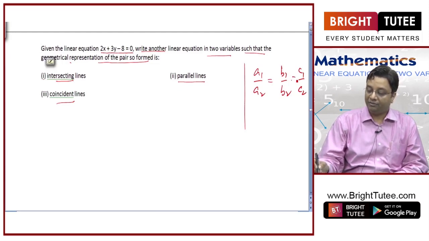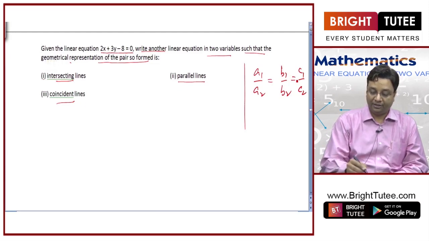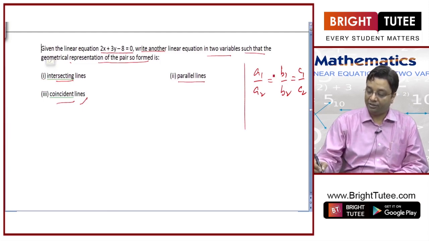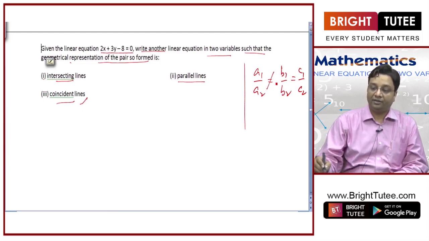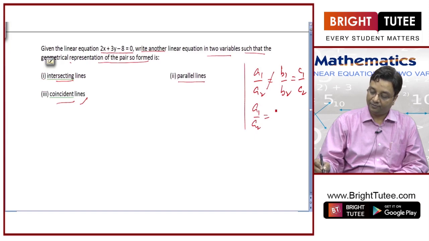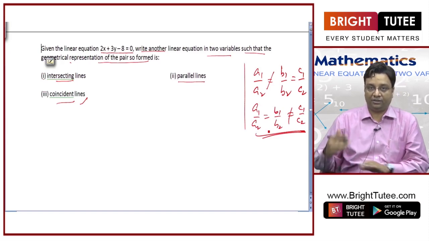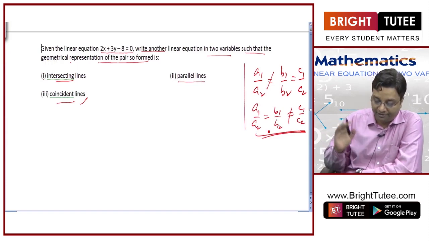When these three are equal, it is coincident lines. When these two are not equal, then these are intersecting lines. When these two are equal but not equal to c1 by c2, these are parallel lines. So this much knowledge we already have.